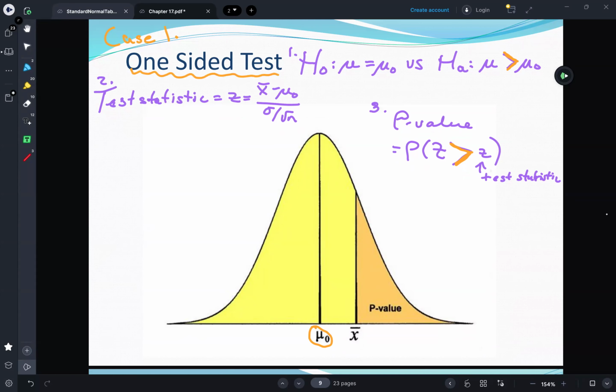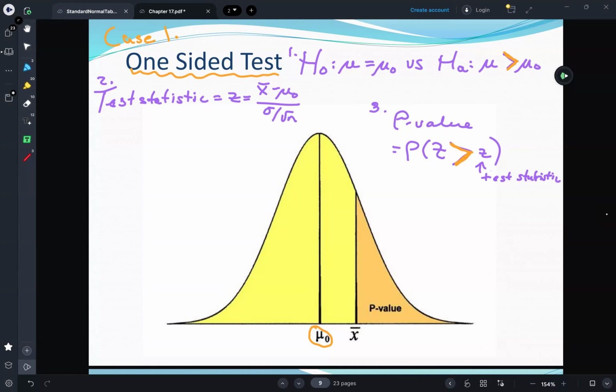Once the researcher determines the null and alternative hypotheses, they then go and get the data. The data is then calculated. You get a mean, you have your standard deviation, you know your n, how many observations you took, and you plug it all into what is called the test statistic.